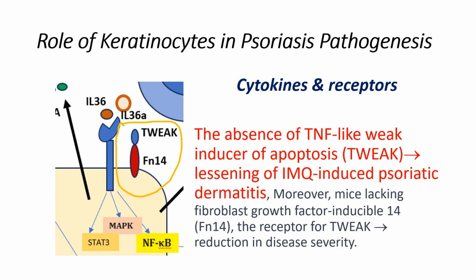Recent research demonstrated that the absence of TWEAK led to the alleviation of induced psoriasis dermatitis. Also, mice lacking fibroblast growth factor inducible 14, the receptor for TWEAK, also showed a reduction in disease severity.